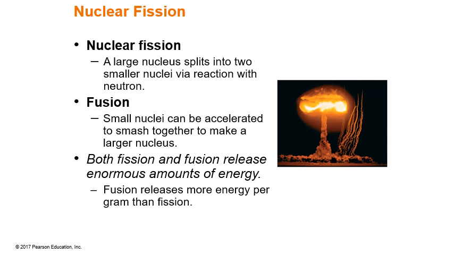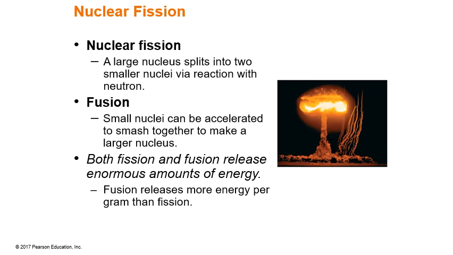When we're talking about nuclear reactions, there are two main ways that we can gain energy. One is through fission. Fission is when we take a larger nucleus and break it down into smaller nuclei. This usually happens when we have a reaction with a neutron.